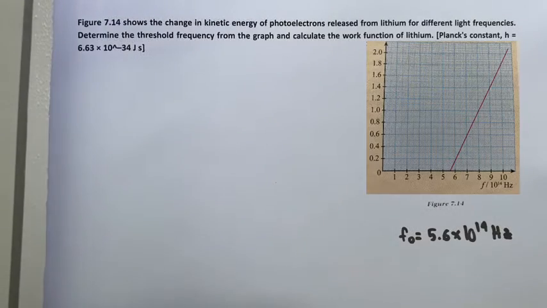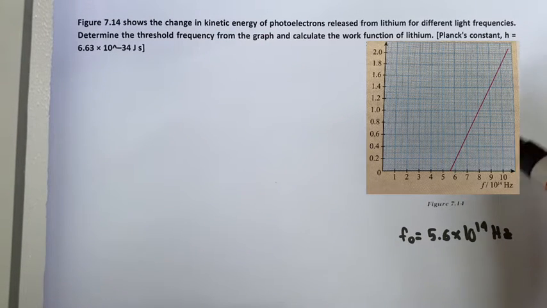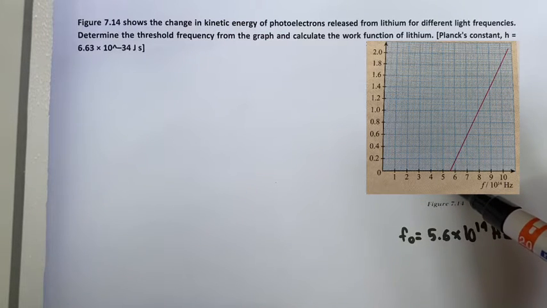Question 2, figure 7.41 shows the change in kinetic energy of photoelectrons released from lithium for different light frequencies. Determine the threshold frequency from the graph and calculate the work function of lithium. From the graph, we can see the threshold frequency, which is the frequency when the kinetic energy is 0.